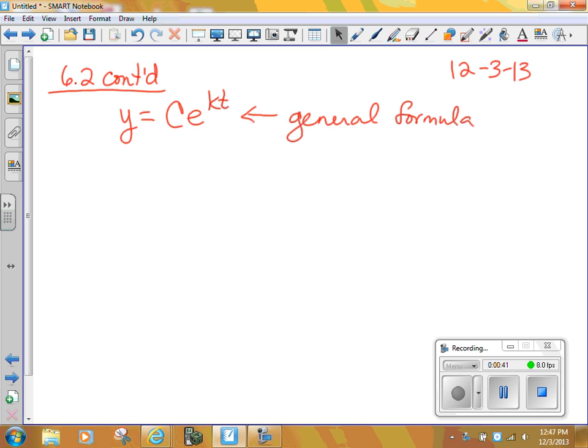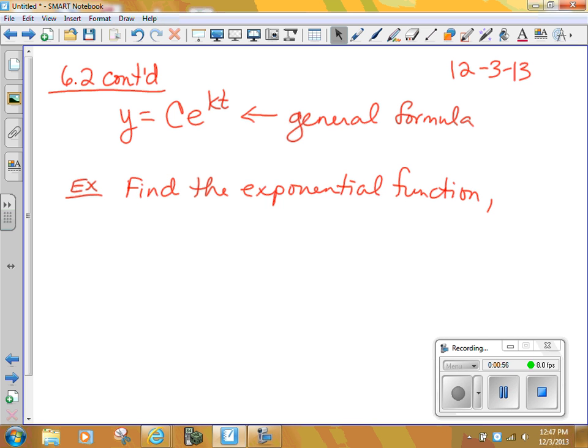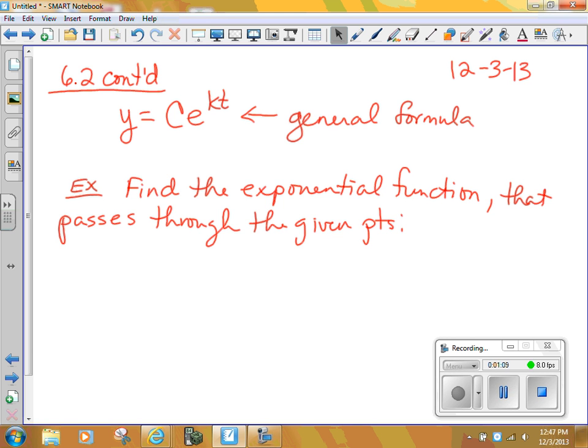All right, so here we go. This example says find the exponential function that passes through the given point. And folks, I'm going to go through this very fast. Those would be your instructions.